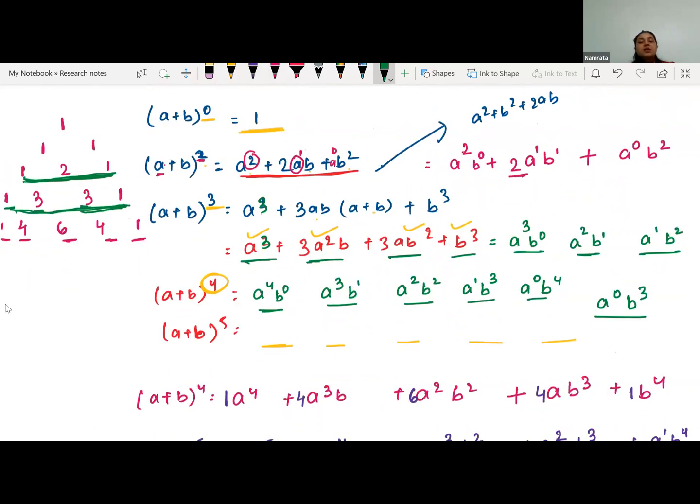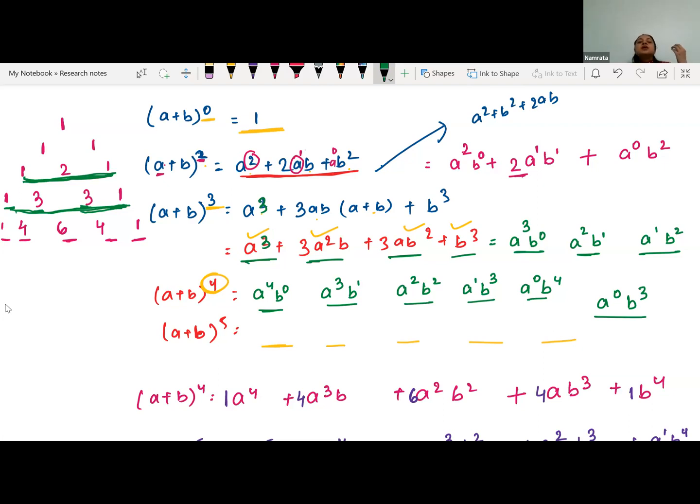Yes, ma'am. So suppose I am telling you to find a plus b to the power 20, how will you do it? Expanding is not possible just by using the rule. So what we can do, we understand the pattern: the first term will take the total power, then it will keep on decreasing, and the second term of the binomial will keep on increasing.